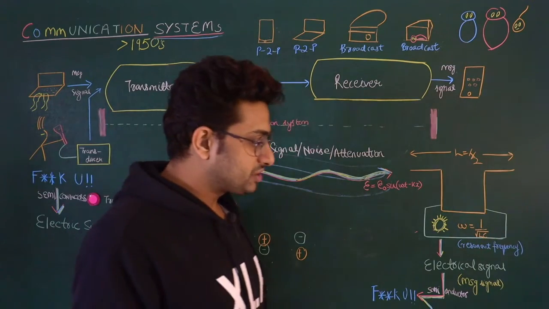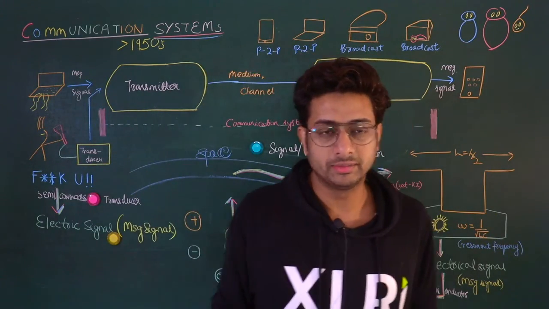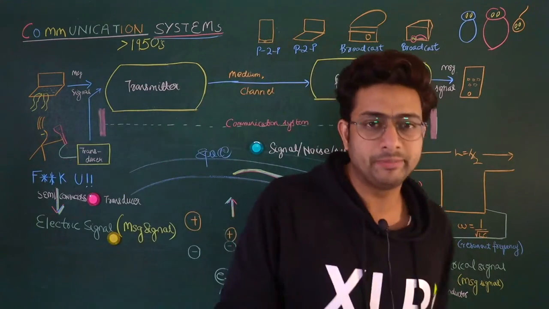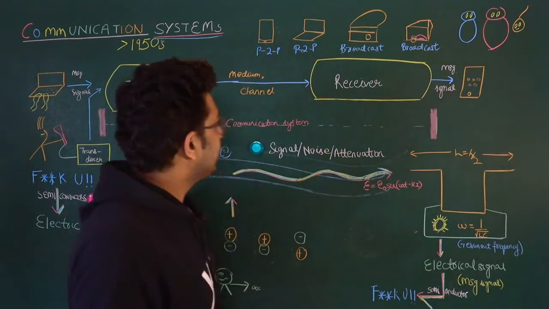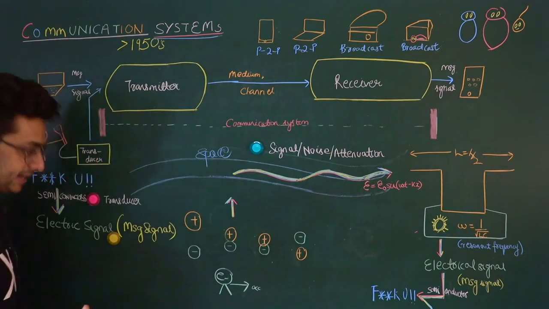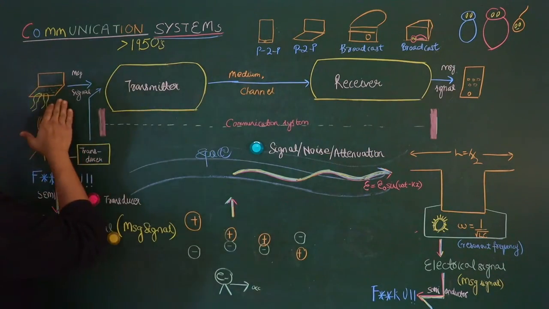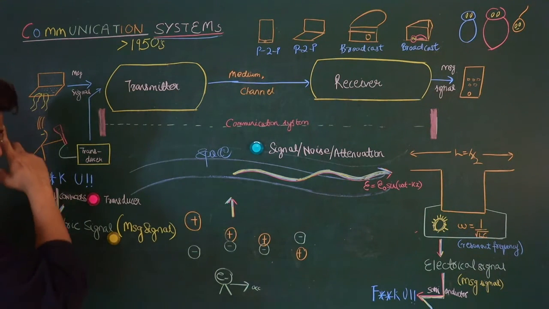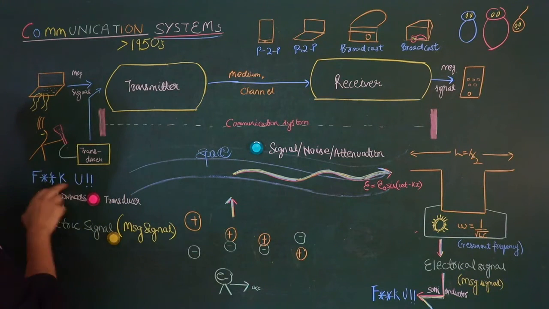Here we will understand the communication system, and for any communication system, these ingredients are required. So what are these ingredients? Suppose you write something on your laptop, you write this word.